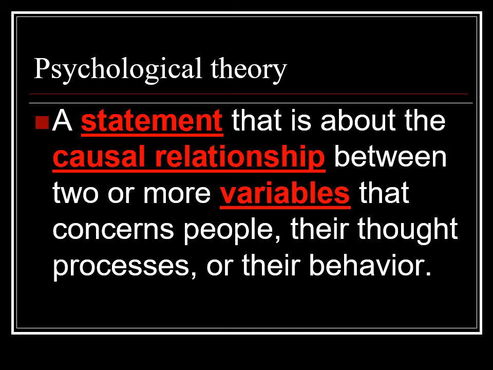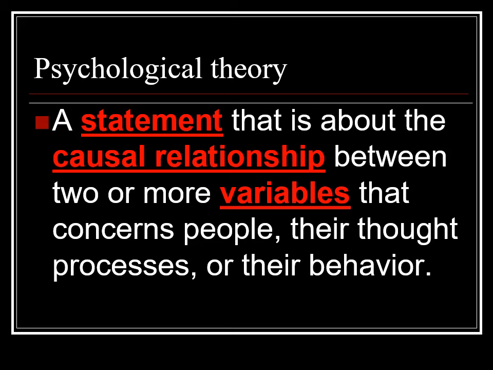So for instance, we might have a statement about the causal relationship between extroversion and introversion and the number of friends someone has. The number of friends is another variable. That can vary between 0, no friends, and hundreds of friends. So again, that would be a statement, a causal relationship between two or more variables, and it does concern people, their thought process, and their behavior.